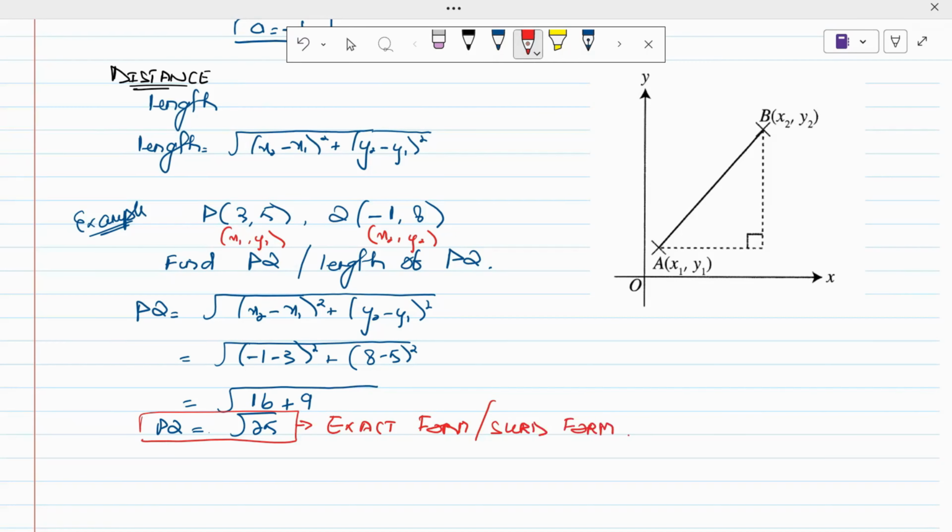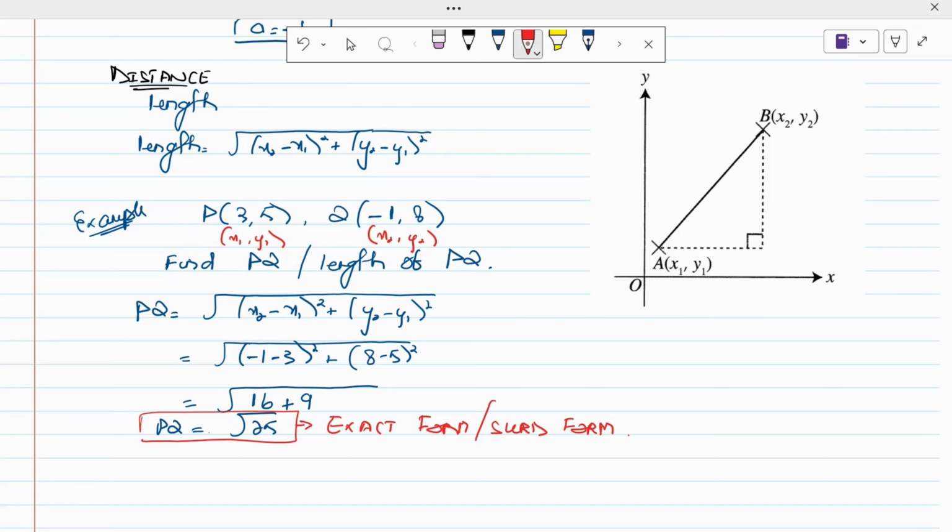Because whenever it says exact form, it means no rounding off, no decimal value. Exact forms are usually given as the surd form, the fraction form, the answer in terms of pi, the answer in terms of this under root form.